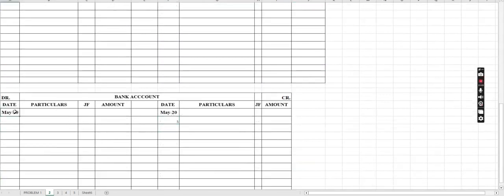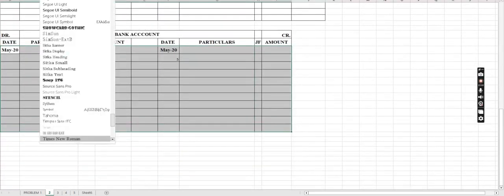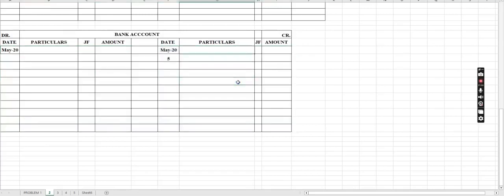Here I will make sure that all the entries are in Times New Roman and the format is visible. Okay. So now, on 5th, by furniture account, that is purchase of furniture, 750 rupees, I think, right?